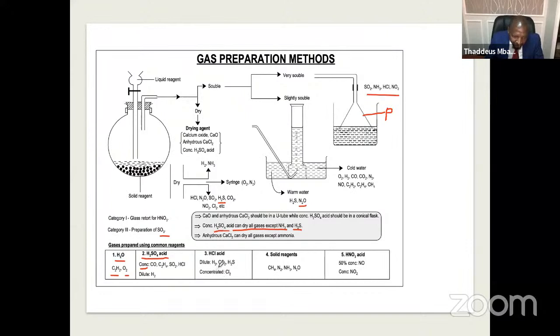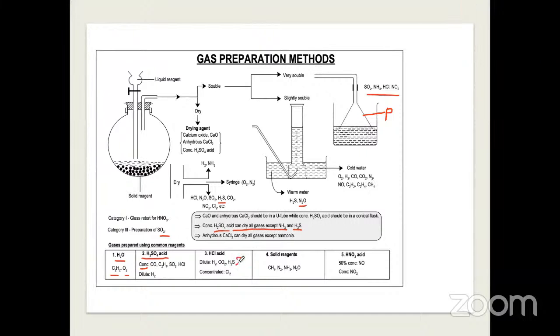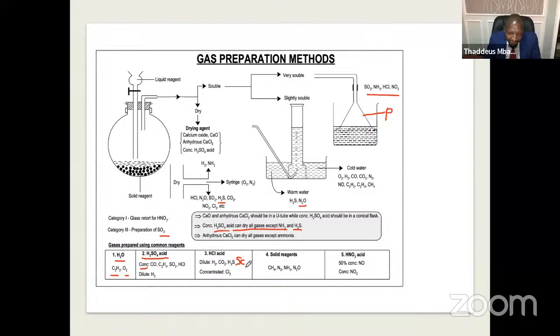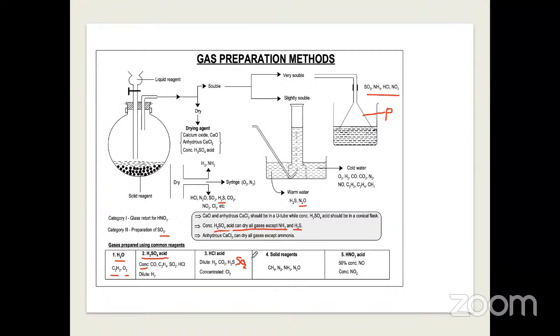For dilute, it is hydrogen, carbon(IV) oxide, and even sulfur(IV) oxide can be prepared, because we prepare sulfur(IV) oxide by using dilute HCl and sodium sulfide. Correct?